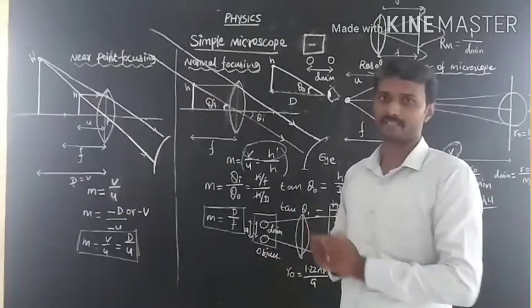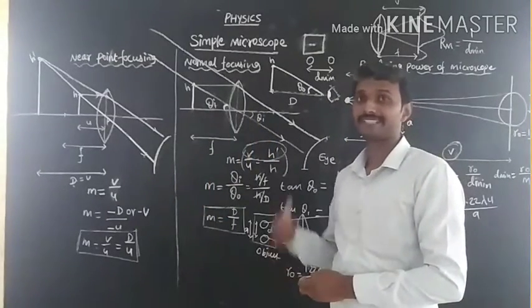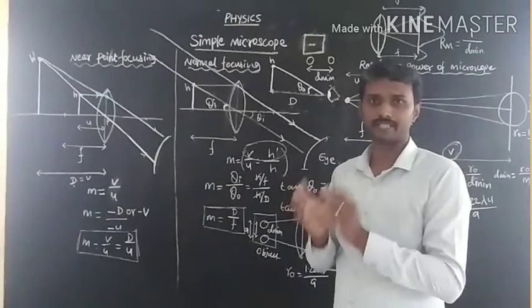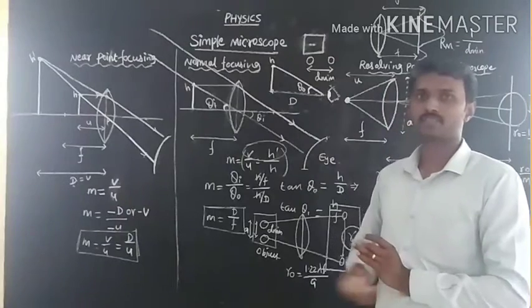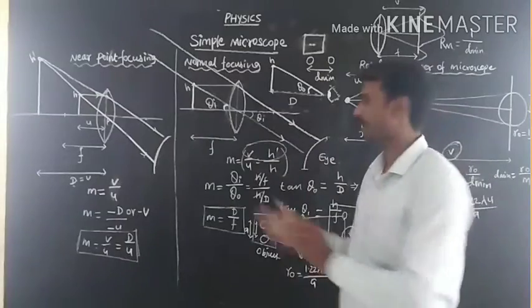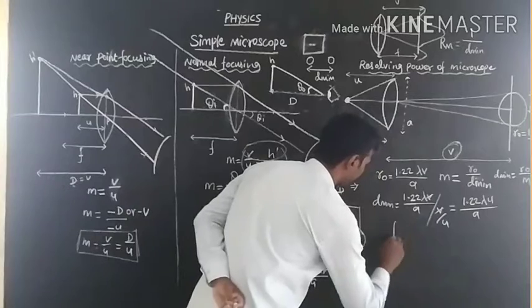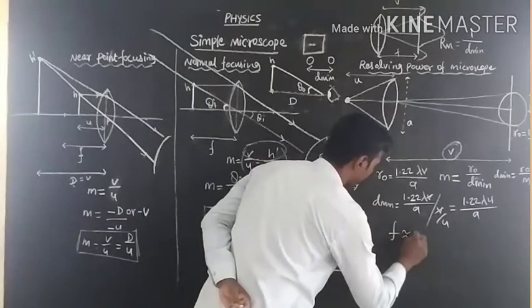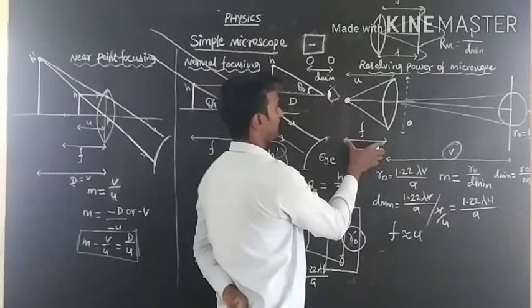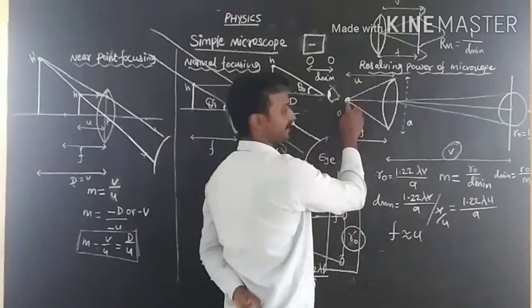So approximately the position of an object is equal to principal focus. Am I right? In order to get the erect and the magnified image, the position of an object must be at the principal focus or approximately equal to the principal focus.